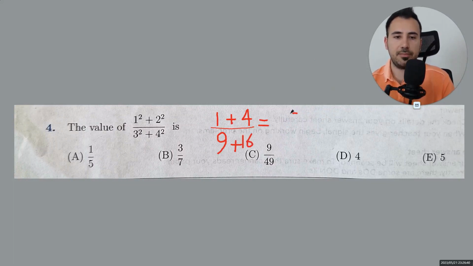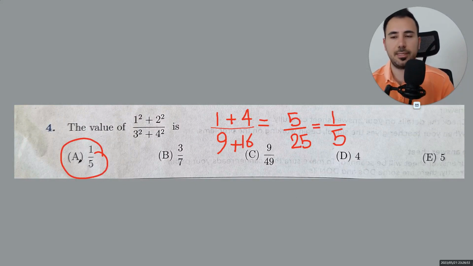It's going to be 5 over 25. Let's simplify, dividing both of them by 5. 1/5 is the answer.